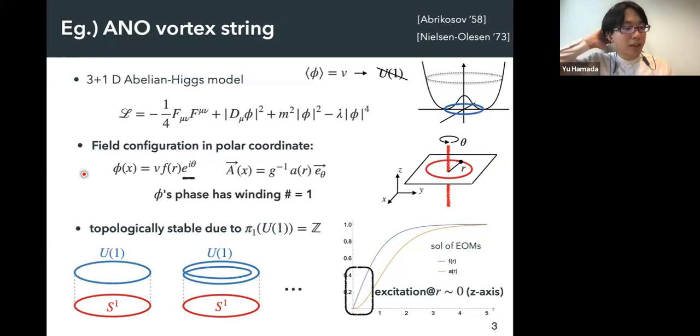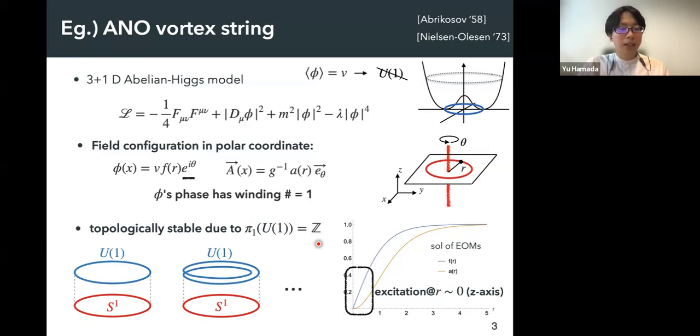Thank you, this is actually a very important point. So this string-like object is topologically stable, and in mathematical language, this is because pi1, the first homotopy group of U1, is equal to Z, just the integers.